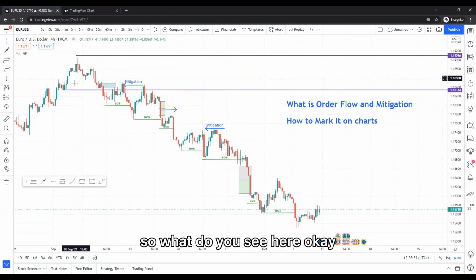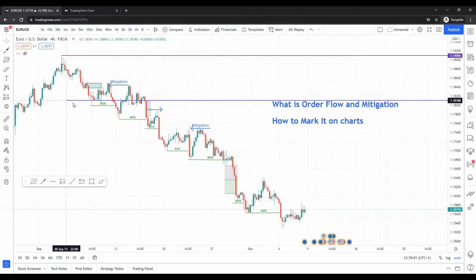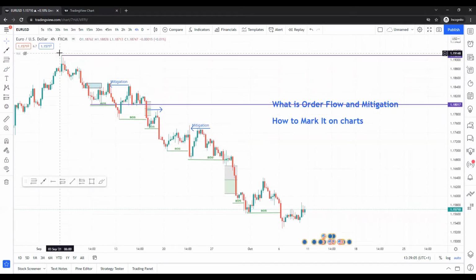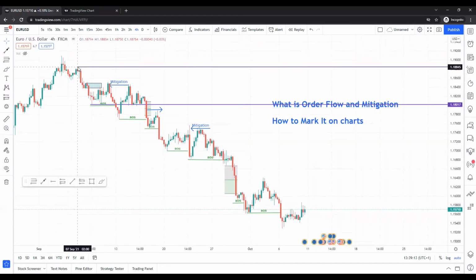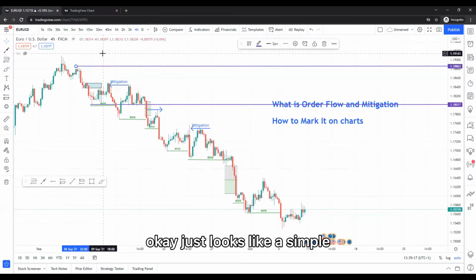What do you see here? This low has been broken here, so it makes a new low, and the high is here, not here. If you don't know how to mark highs and lows, it's not simple, it just looks simple.